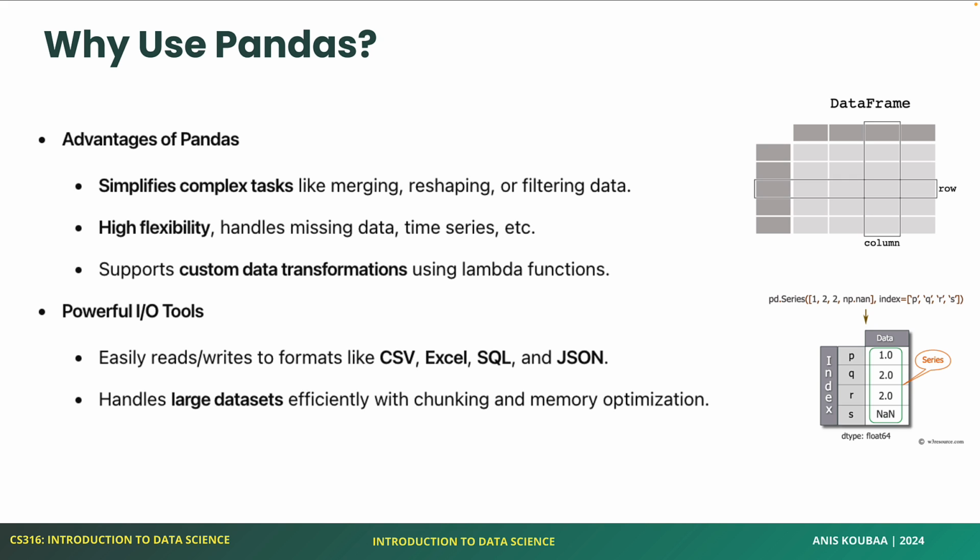Another very important advantage is that you can get the data sources from different formats. You can load data from a CSV file, from an Excel file, from SQL, and also from JSON. We're going to go through all these different types. And it allows handling large data sets efficiently with chunking and memory optimization.